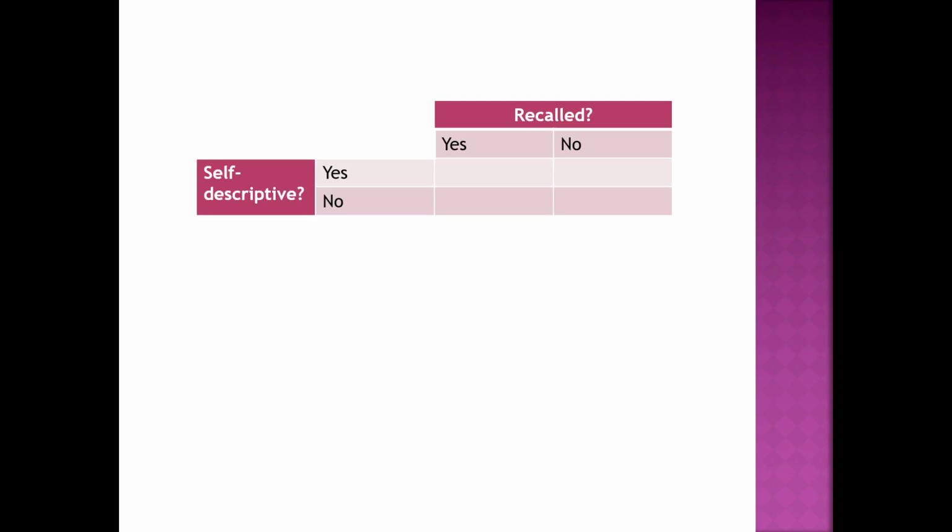For most of us, we remember more words that describe ourselves than words that don't describe us. We're less likely to forget words that describe us than we are to forget the ones that don't describe us.